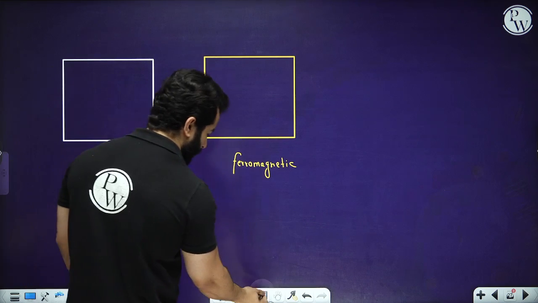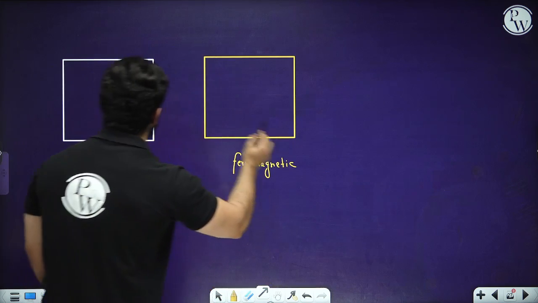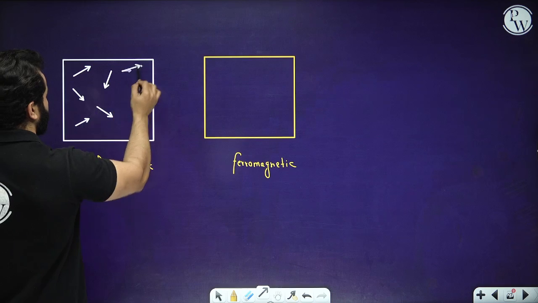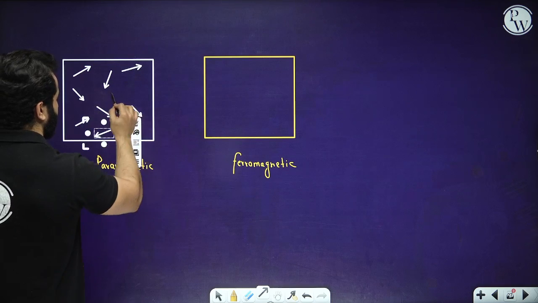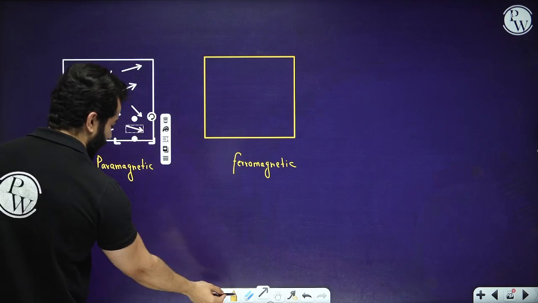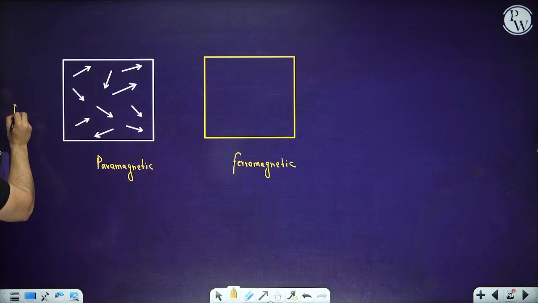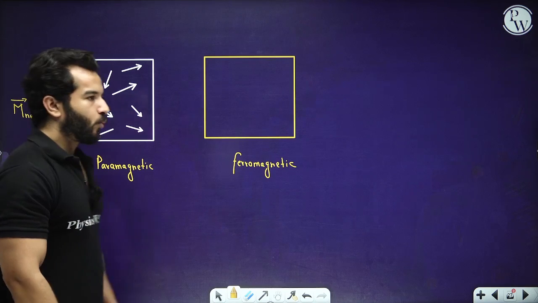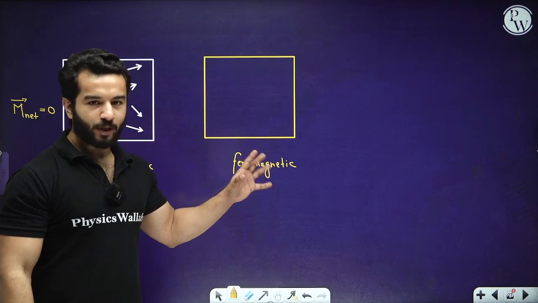We know that individual atoms have got a permanent dipole moment, something like this. But when there is no external magnetic field, the net magnetic moment of the entire sample is going to be 0. Obviously, the same thing is going to be true over here as well.